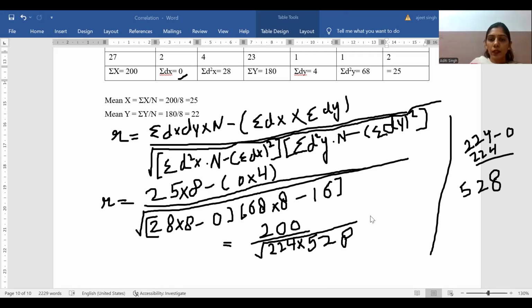Okay, so when we multiply 224 and 528, it is 118,272, and when we take the square root of it, it is 343.9. So it is 200 divided by 343.9.